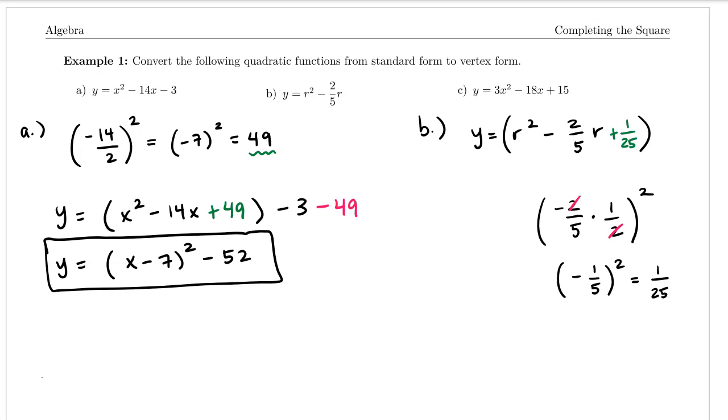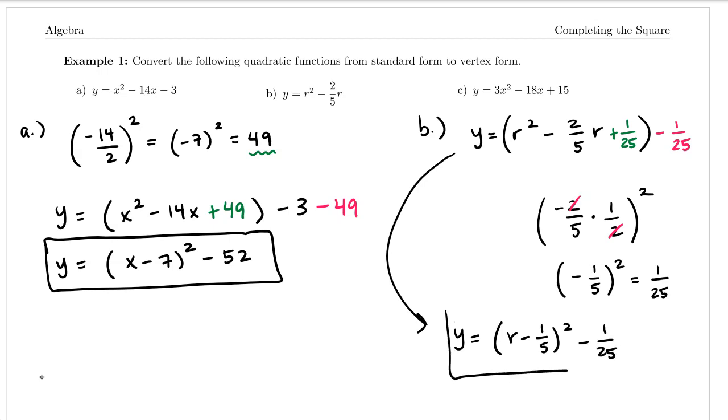And then outside my parentheses, to maintain balance, I want to subtract 1 over 25. And coming down here, we have y equals r minus 1/5 quantity squared minus 1 over 25. And that will be our answer for part B.